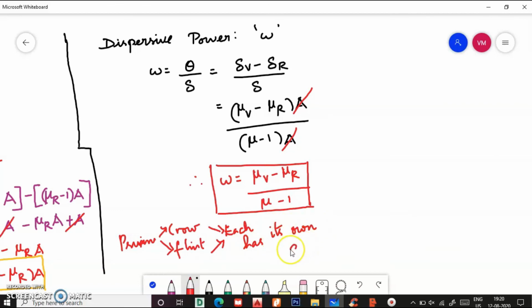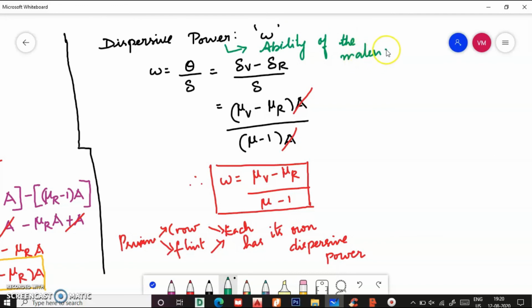The difference mu v minus mu r is known as the mean dispersion. It is seen that dispersive power is independent of the angle of the prism and angle of incidence. So once again, the definition is, it is the ability of the material of the prism to disperse the light rays.